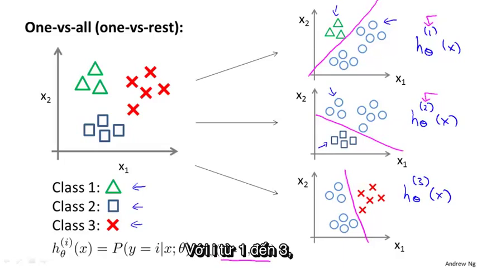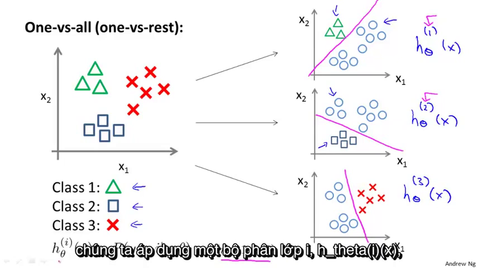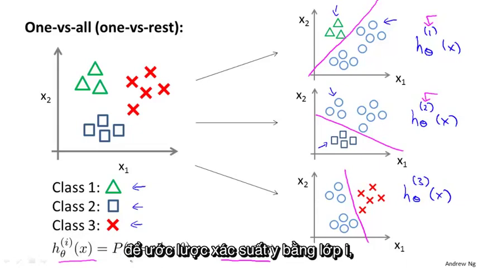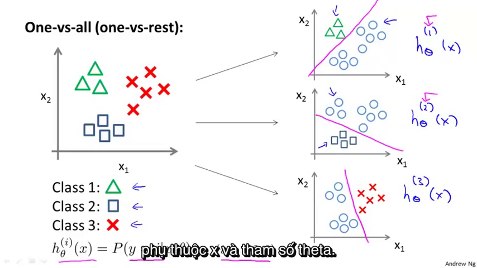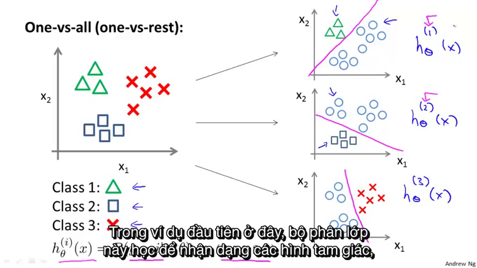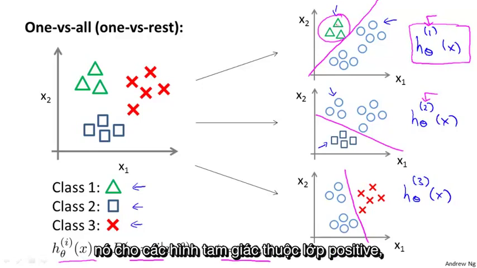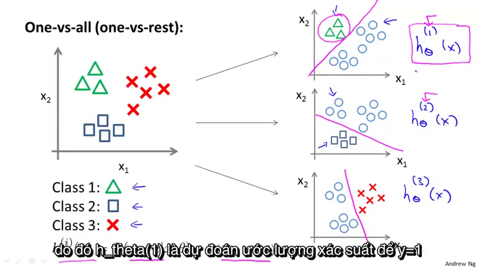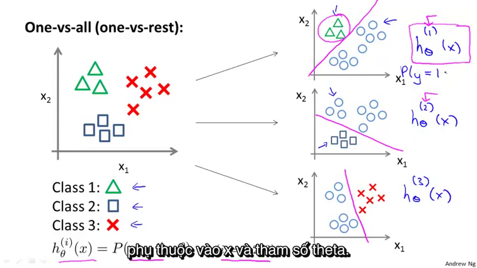So for i equals 1, 2, 3, we've fit a classifier h superscript i subscript theta of x that's trying to estimate what is the probability that y is equal to class i given x and parameterized by theta, right? So in the first instance, for this first one up here, this classifier was learning to recognize the triangles. So it's thinking of the triangles as a positive class. So h superscript 1 is essentially trying to estimate what is the probability that y is equal to 1 given x and parameterized by theta.